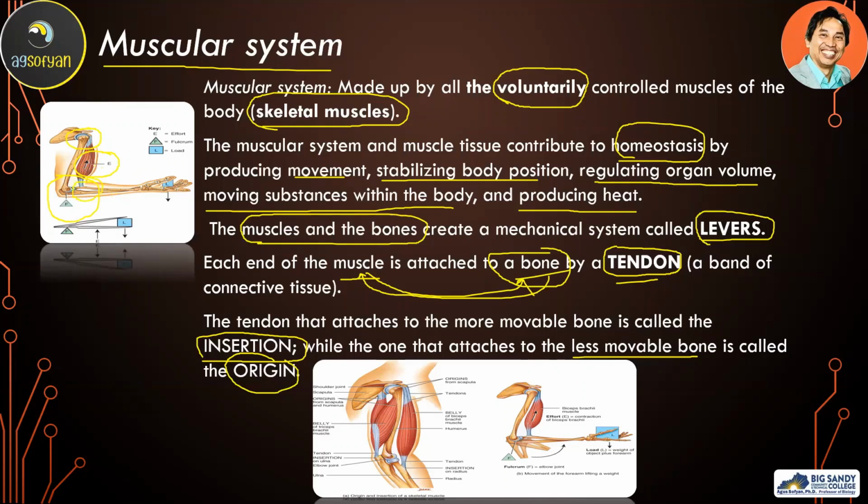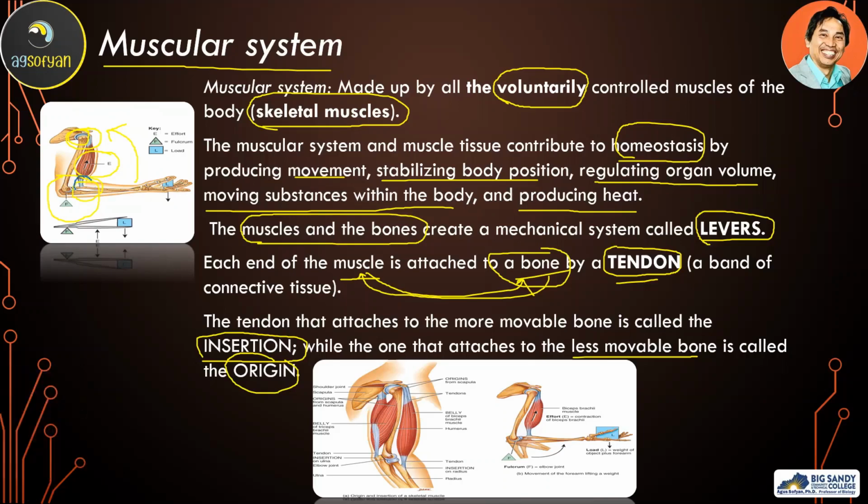So when we contract the bicep, the radius and ulna will move up, what we call flexion. If you see these two bones, the radius and ulna is the bone that is more movable, and the scapula and the humerus over here are the ones that are less movable.